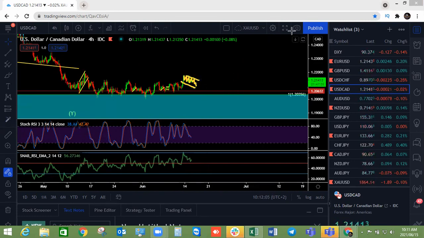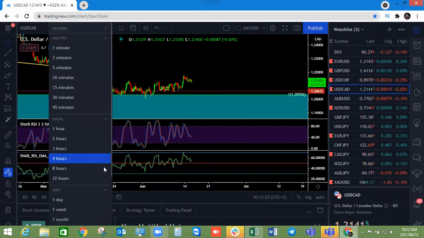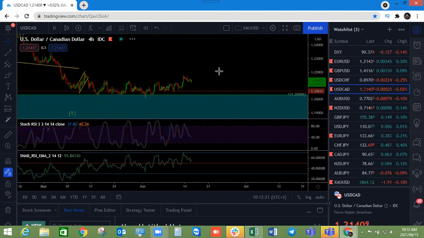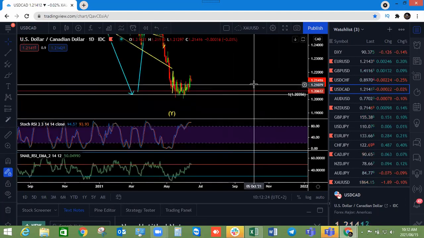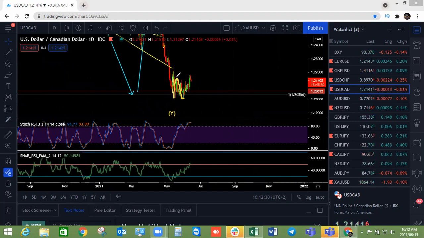I also want to look at the daily to see how far the daily is. Yesterday, the daily was popping up about 50. This has not reset yet, so we would want to see this one reset before we move to the upside. Let's check the daily chart on this. So the daily, as you can see, we are not there yet. For all we know, this is an expanding flat on the daily, and we are still going to see one more down.